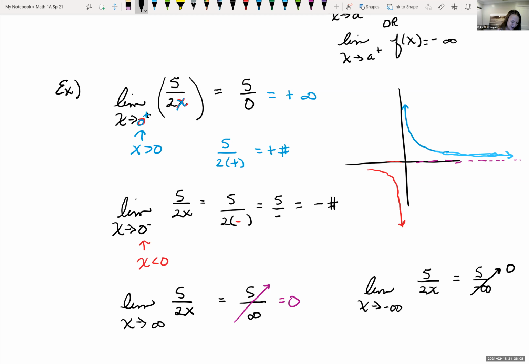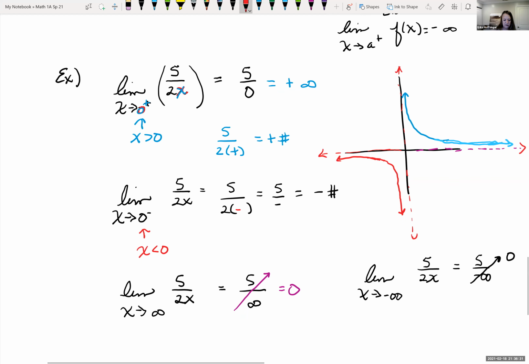That goes to 0, the opposite side. So we can use these limits now to explain what's happening with vertical and horizontal asymptotes, and what's going on in the behavior of our functions.